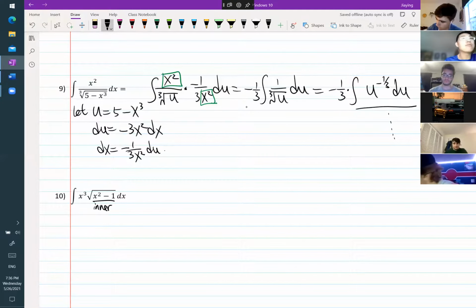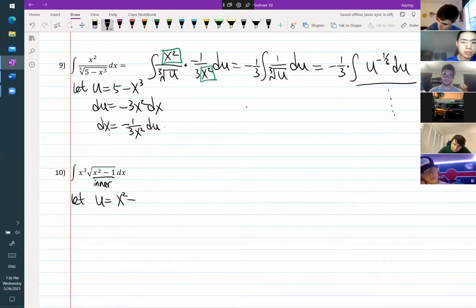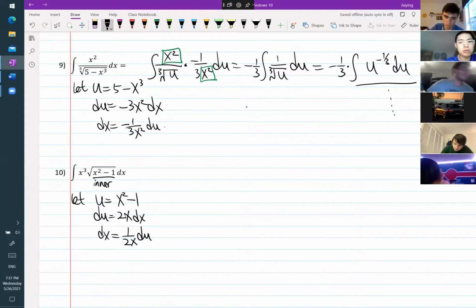Let's call this the inner function. So assuming that it works, let u equal x squared minus 1. And then du equals 2x dx, just like we have done before. And then from here, we can solve for dx, which is 1/(2x) du.